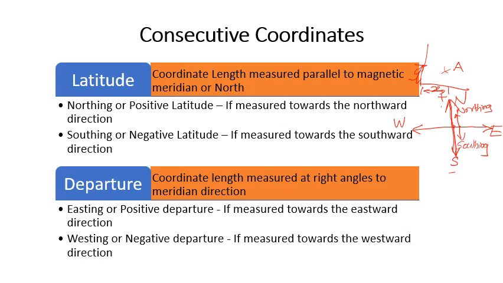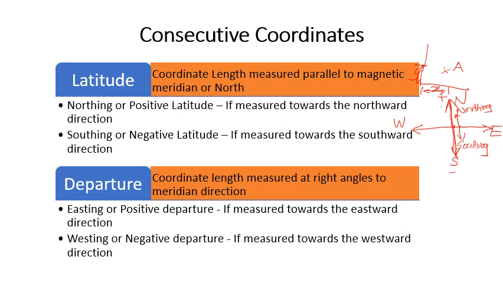So any length measured parallel to the east-west direction, any distance measured at right angles to the meridian direction, can be called departure. Here we are saying that the position of the point is departing from the north-south line.